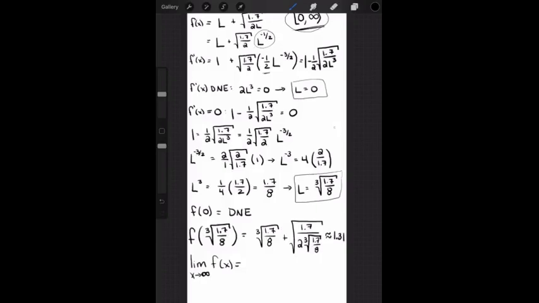And then lastly, we have to do this limit. So L goes to infinity as L goes to infinity.